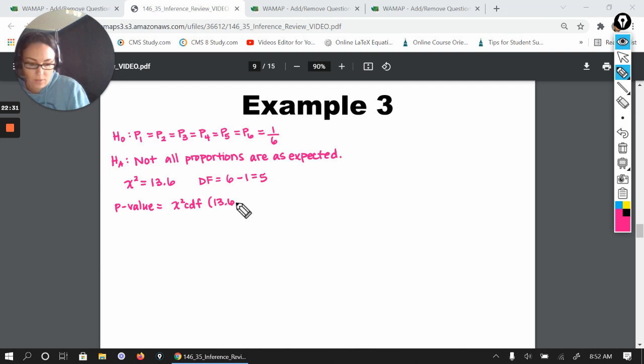We type in 13.6, 999, 5 degrees of freedom, and this gives us a p-value of about 0.0184. Now, since this p-value is less than our significance level of 0.05, we would reject the null hypothesis. This means that there is evidence that the die is not rolling as expected.